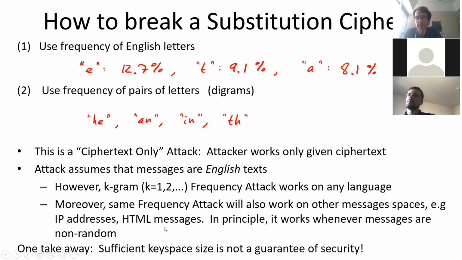The HTML messages, certain structure that you expect. You will be searching for the correlations that are appropriate for these structures. So one takeaway is that sufficient key space, 2 to the 88 size, is not a guarantee of security by any means. It's a necessary requirement, but it's not a sufficient one.